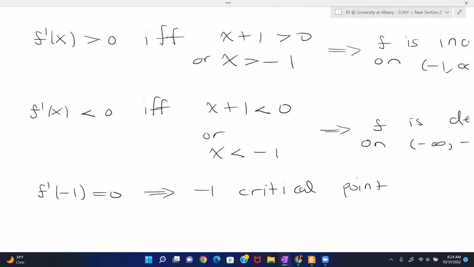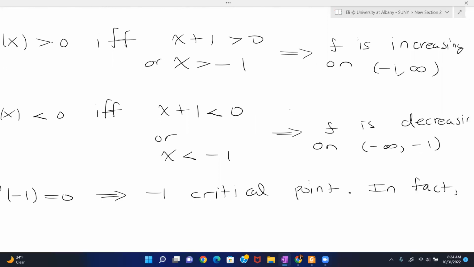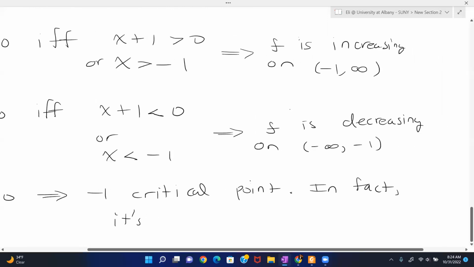And then based upon knowing where it's increasing or decreasing, we can say in fact that to the left of -1 you're decreasing, and then to the right of -1 you're increasing.